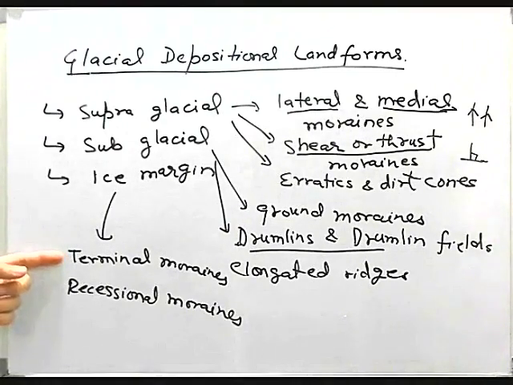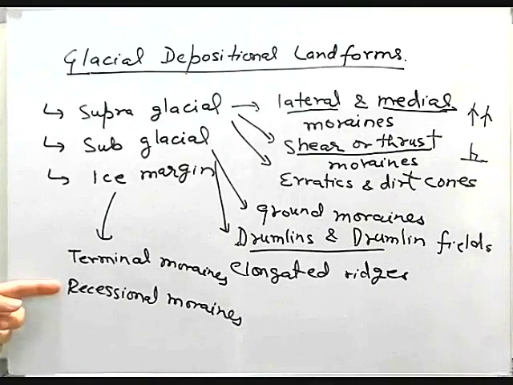Because if the glacial snout is continuously receding, then the formation of a terminal moraine may not take place. Rather, the hummocky ground moraine will be present in such a case. But when the glacial snout becomes stable at a particular location, for many reasons, then we find the production of terminal moraine.